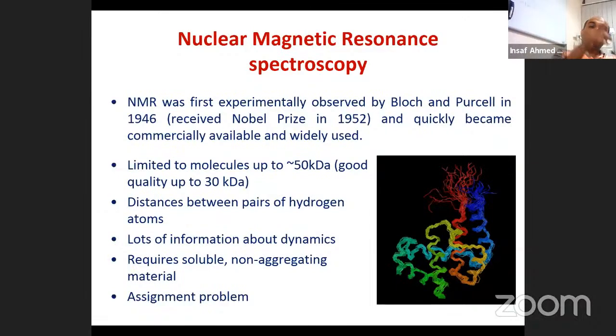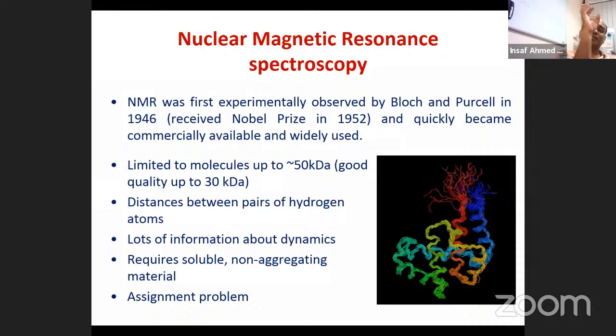Because NMR is performed in solution, you purify the protein and take the spectra in the solution. Because it is performed in solution, it can tell you the dynamics of the protein. As we all know, the protein is never present in a single conformation. It is always present in dynamics.